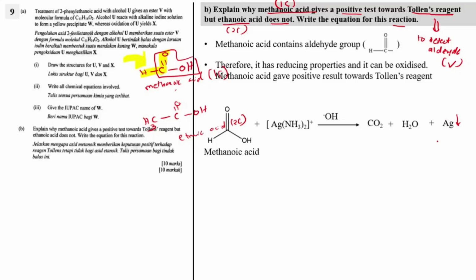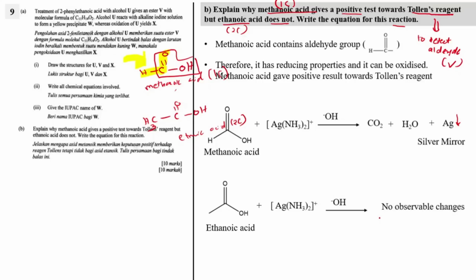This is going to give a silver mirror. Meanwhile, for the ethanoic acid, when it is reacted with Tollens' reagent, using the argentum ammonium solution in alkaline condition, there will be no observable changes. This is how the methanoic acid will give a positive result towards Tollens' reagent, where we write the equation as well as the observation.